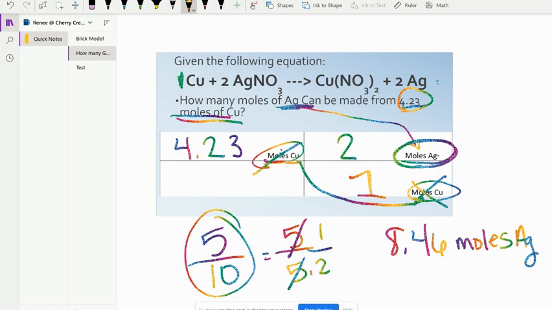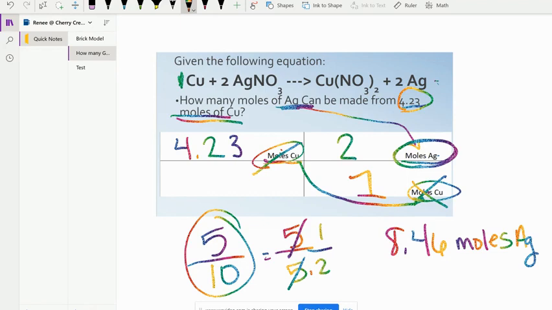So, the great thing about stoichiometry is it allows us to figure out how much of a reactant or product I will need or I will make based on what I have. So, if I look at this problem, it's telling me I have 4.23 moles of copper, and I want to know how much silver I can make with that much copper. So it's kind of like a recipe.